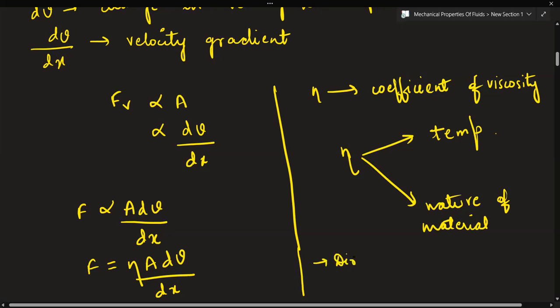So the direction of viscous force is opposite to motion, the way we have it for friction. Opposite to motion. Clear this formula? Yes, ma'am. All right, so note it from here as well.